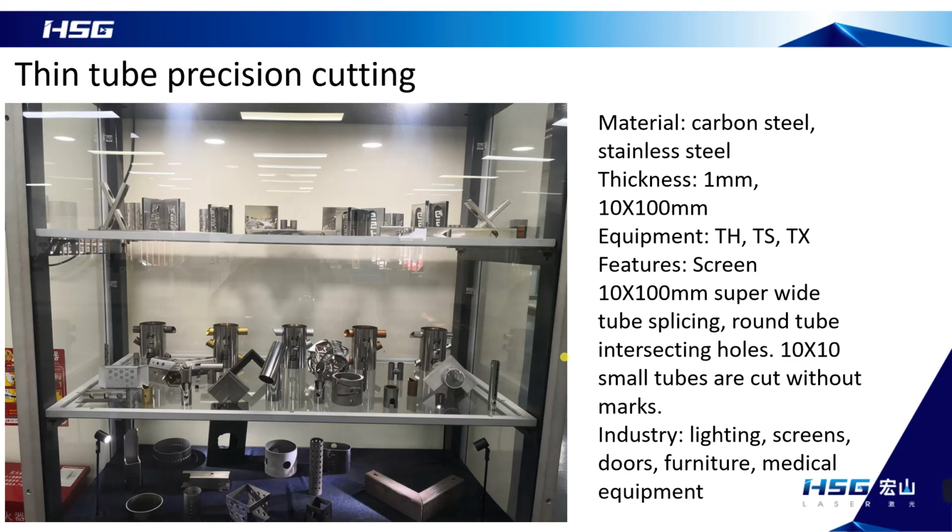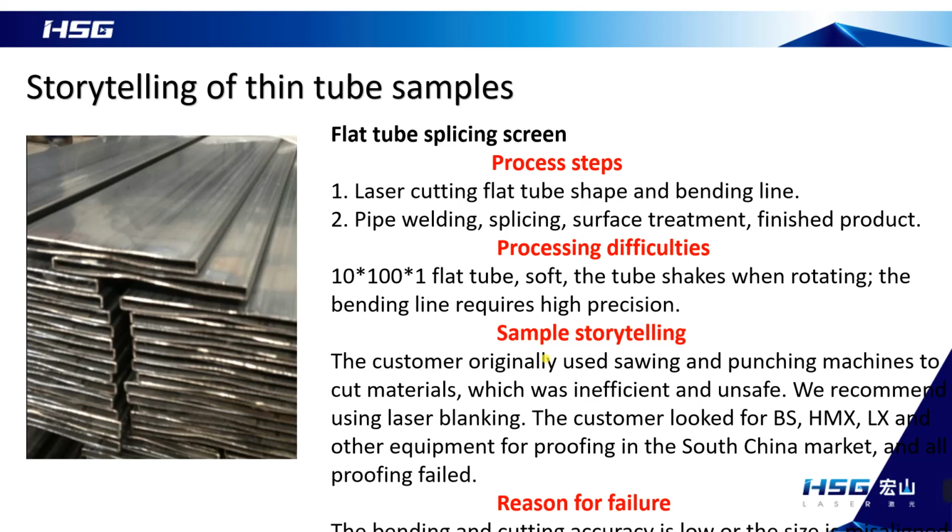Similarly, here we have the thin tube. It is a flat tube splicing screen. It requires the laser cutting of the shape of a flat tube and bending line. Second is the pipe welding, splicing, and surface treatment of the product.